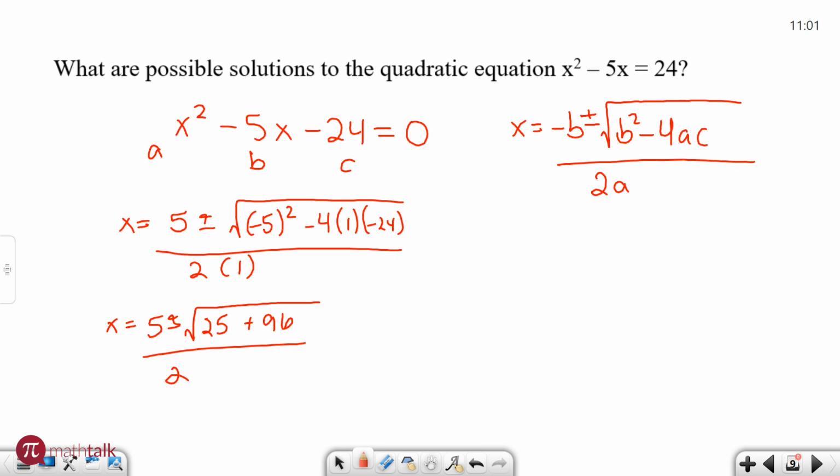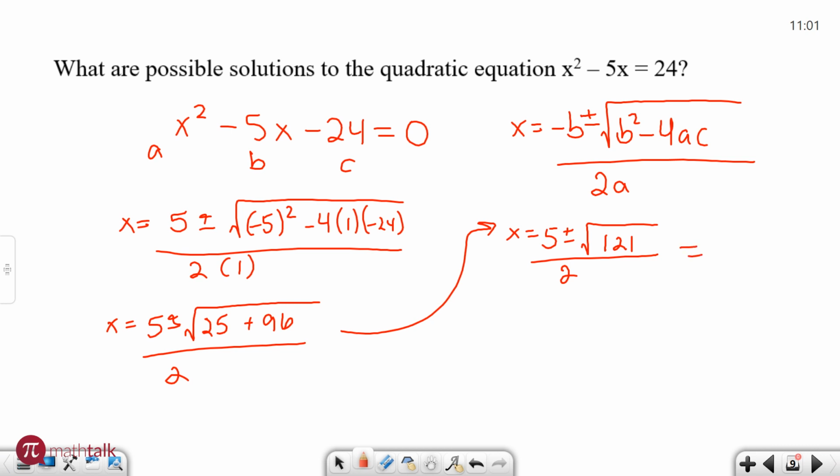All right, so we're getting a little closer to solving this. I'm going to go ahead and scoot over here, a little more room. X equals, let's see, 5 plus or minus square root of 25 plus 96 is 121, and 2 on the bottom. So we're almost there.